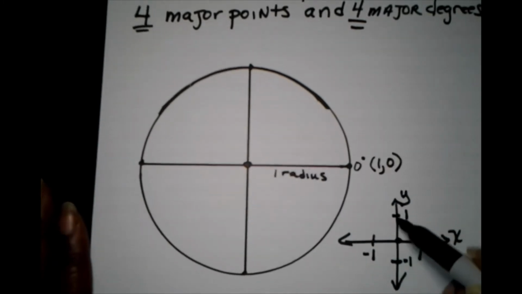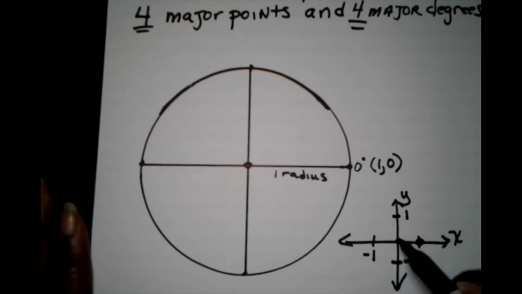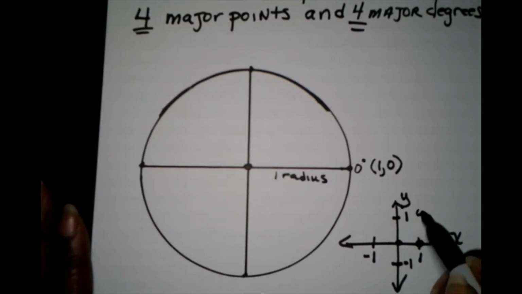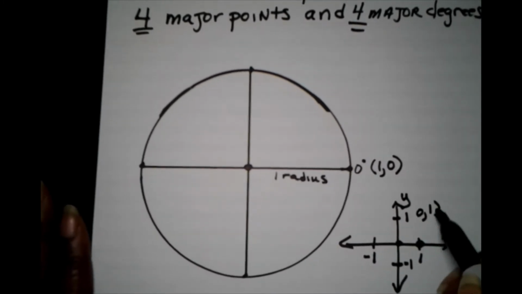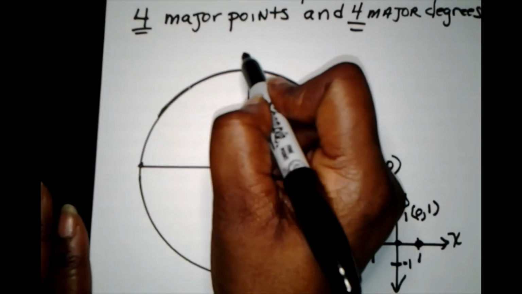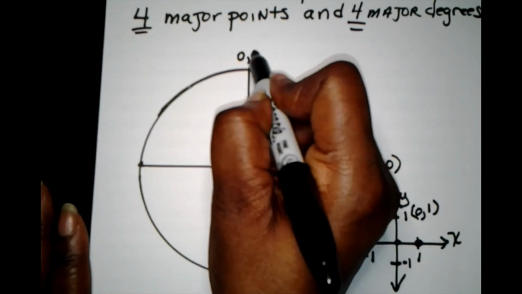This point up here would be labeled as 0 on the X-axis and 1 on the Y-axis. And if we put it on our diagram, it would be 0, 1.